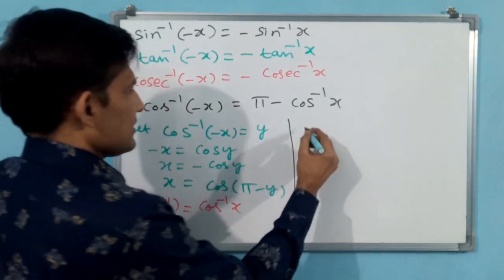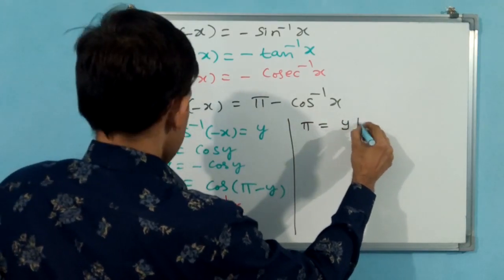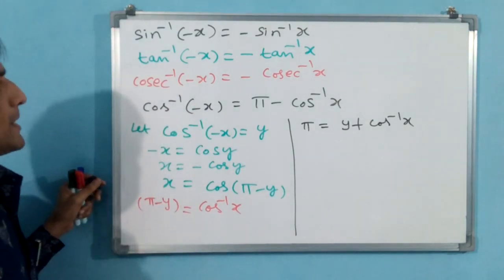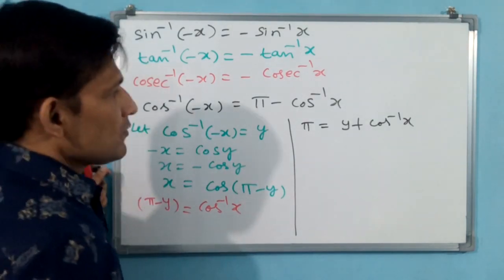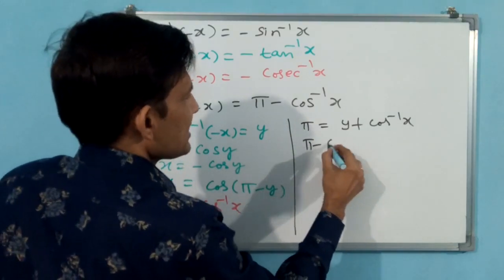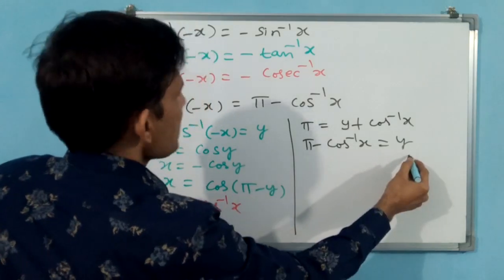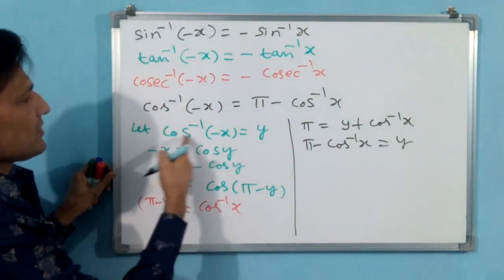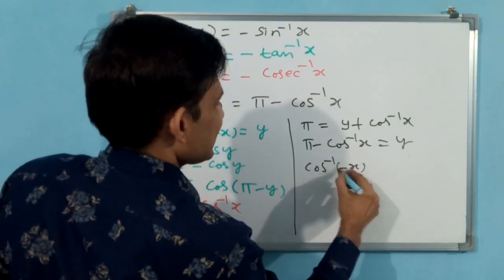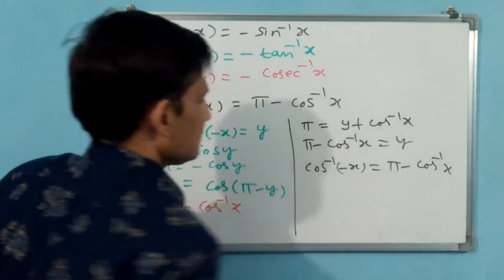Sending y to this side, pi is equal to y plus cos inverse x. Sending cos inverse x to the other side, pi minus cos inverse x is equal to y. But what is y? y is cos inverse minus x. Write down again: cos inverse minus x is equal to pi minus cos inverse x.